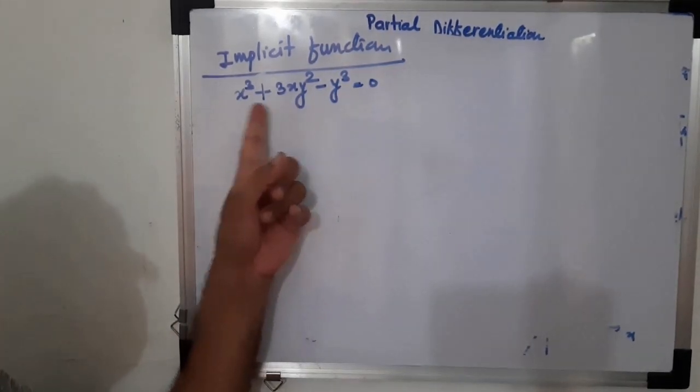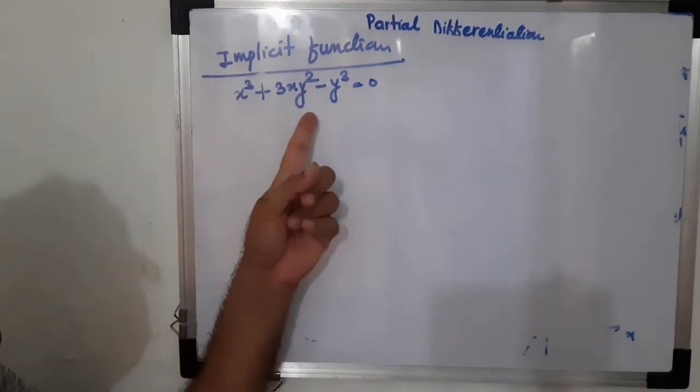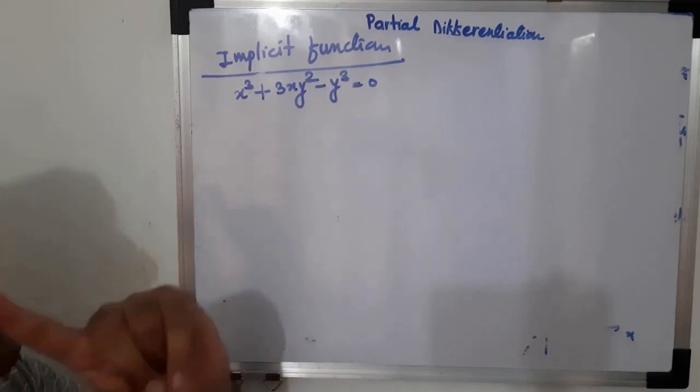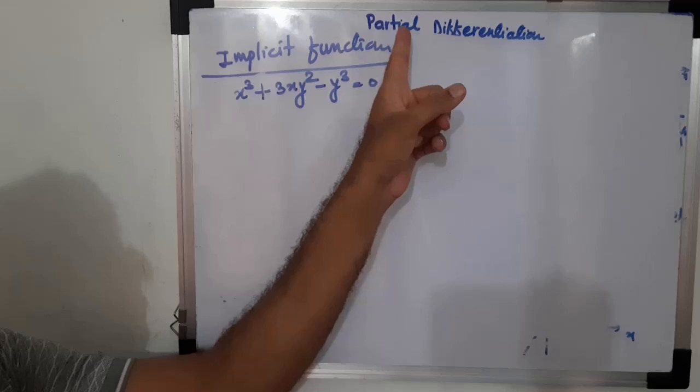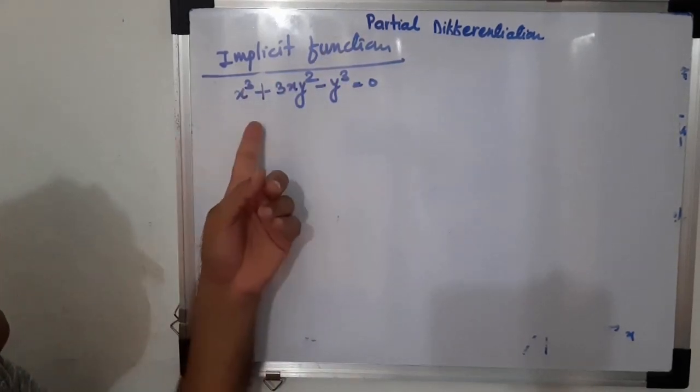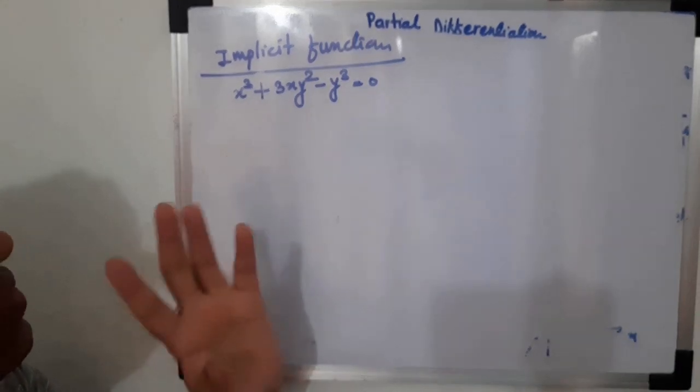Here we take x common, so y is not easily separable from x. So this is your implicit function. The first condition is verified. The second thing, this is f of x, y equal to 0.